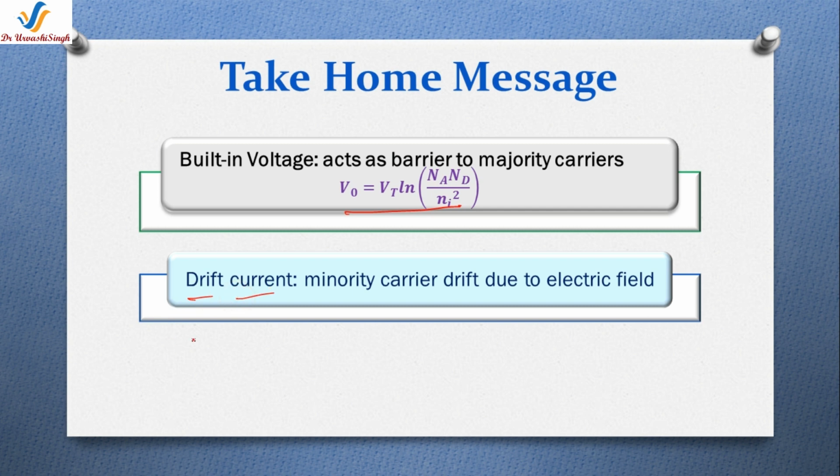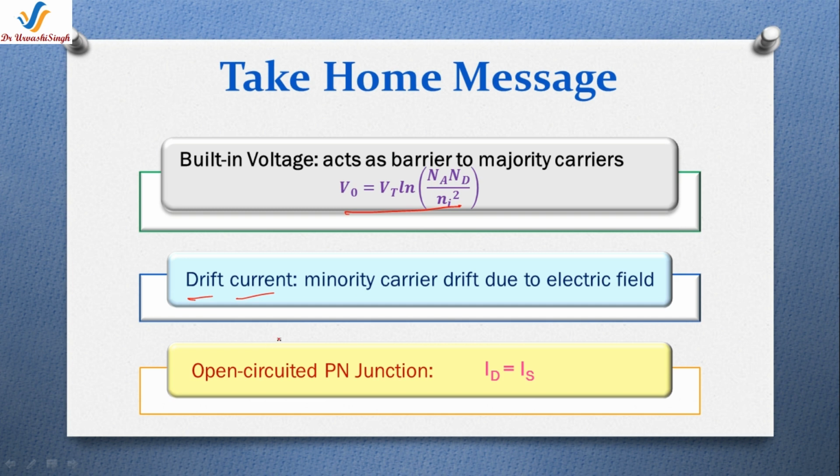Since we are studying the open circuited PN junction diode, there should not be any external current, and hence these two opposite currents, the diffusion current and the drift current, should equate each other, and this is called the equilibrium condition of the open circuited PN junction, and this equilibrium condition is controlled by the barrier voltage. Now let's see the frequently asked questions from the topic.